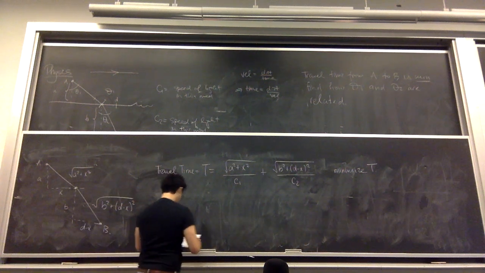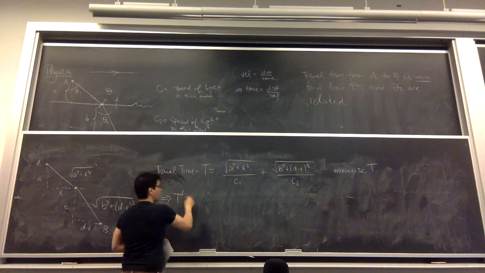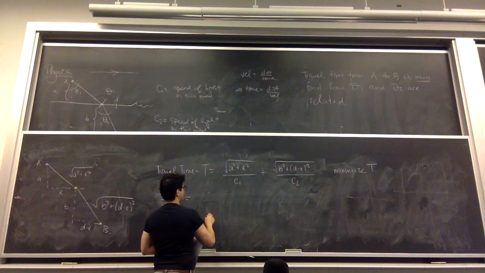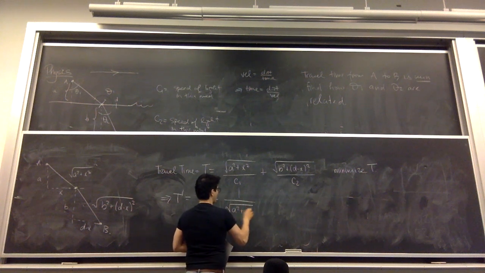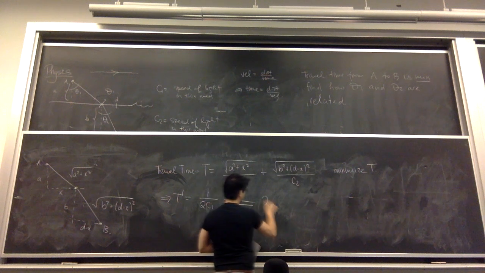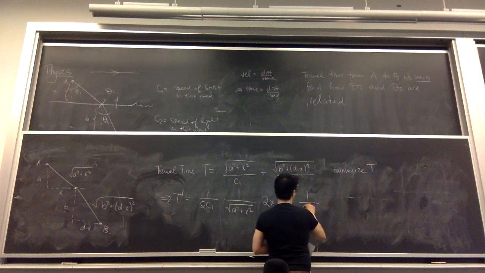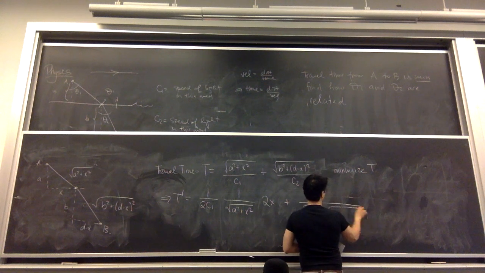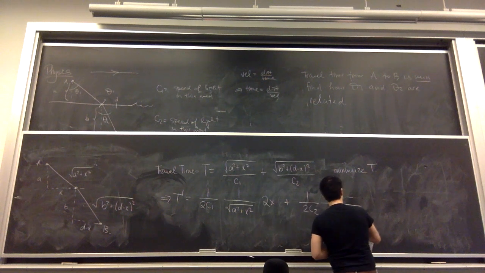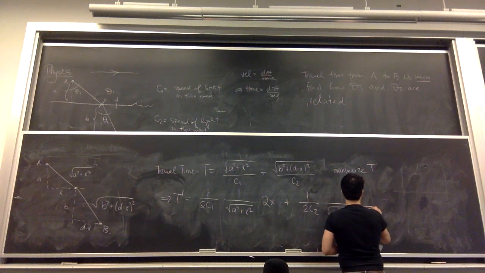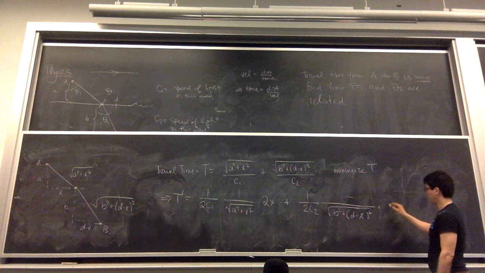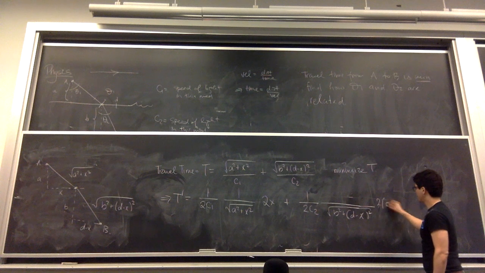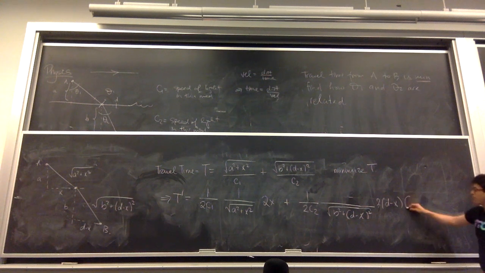So let's take the derivative here. This means that t prime, and let's see if I can do this properly, is going to be 1 over 2 c1 times 1 over the square root of a squared plus x squared, multiplied by chain rule, so there's a 2x, plus 1 over 2 c2 times 1 over b squared plus d minus x squared, multiplied by chain rule, so multiplied by 2 d minus x multiplied by minus 1.